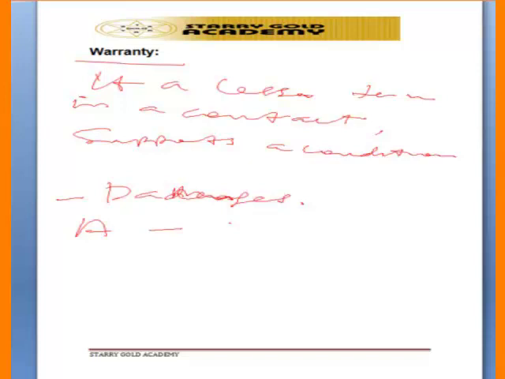That will not happen because it is a breach of warranty and not a breach of condition. But if it is a breach of condition, the contract will terminate, money will be refunded, and the parties will be returned to the position they were in before the contract was entered into.